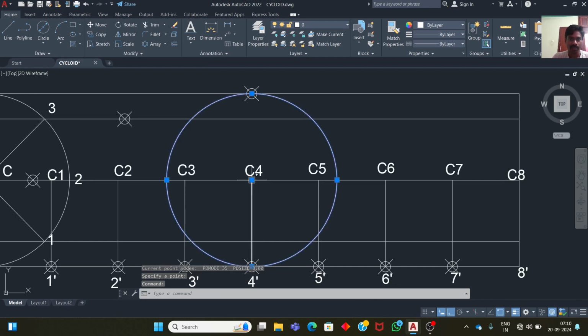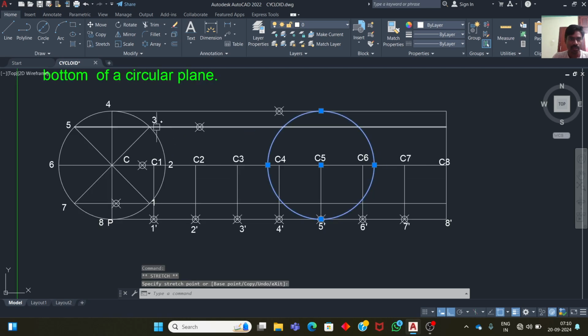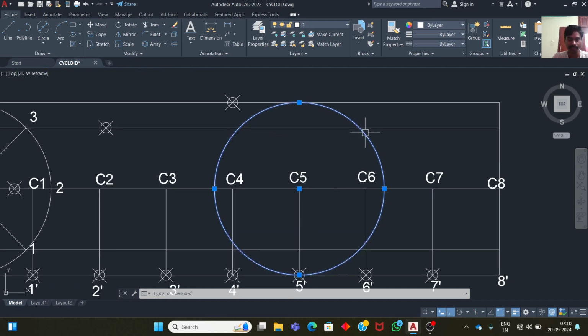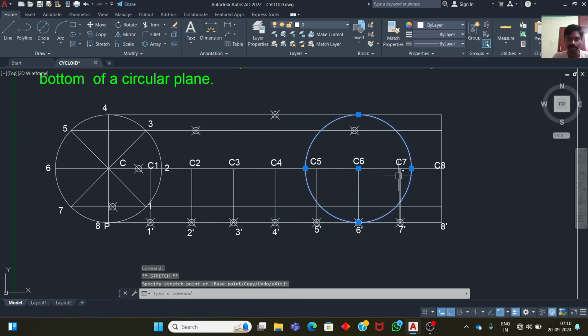And then change to center C5. So here we have the fifth line. Okay, 3 we have already denoted, and we need to denote the fifth point. This is point 5, and next move the circle from C5 to C6.